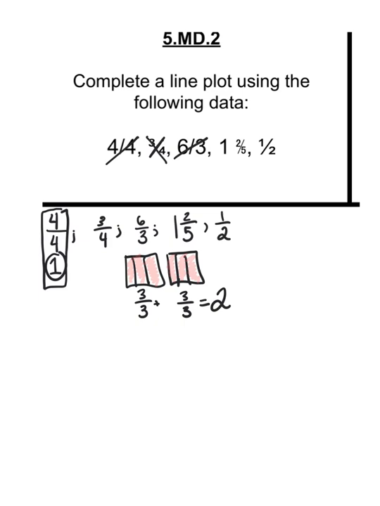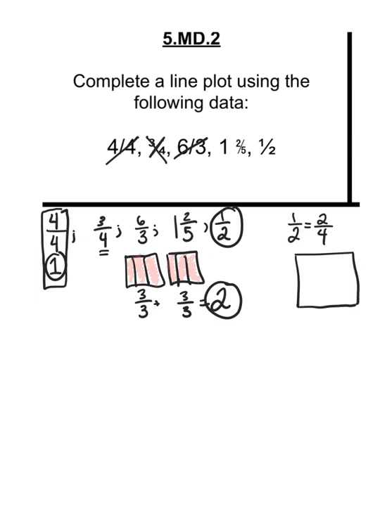So I've got 1 whole to put on my line plot, 2 wholes to put on there, and then I also have 1/2, and then 3/4. Now I really love it when we have halves and fourths because those are easy to put into equivalent fractions. 1/2 is equivalent to 2/4. And I can show that with an area model.